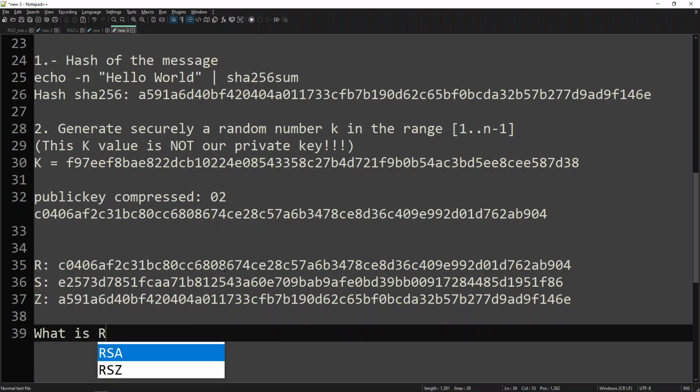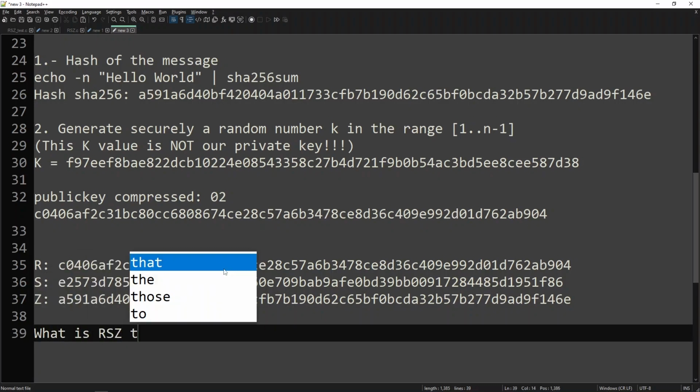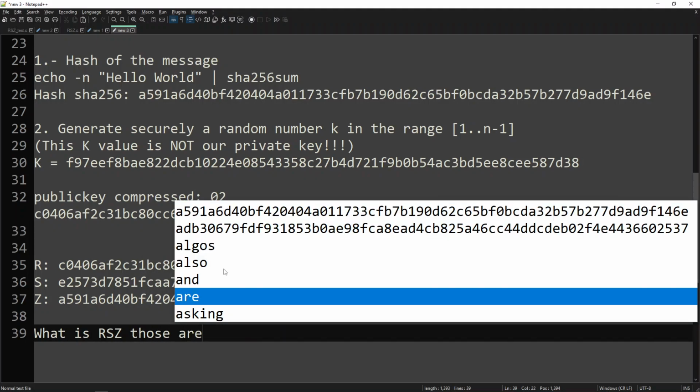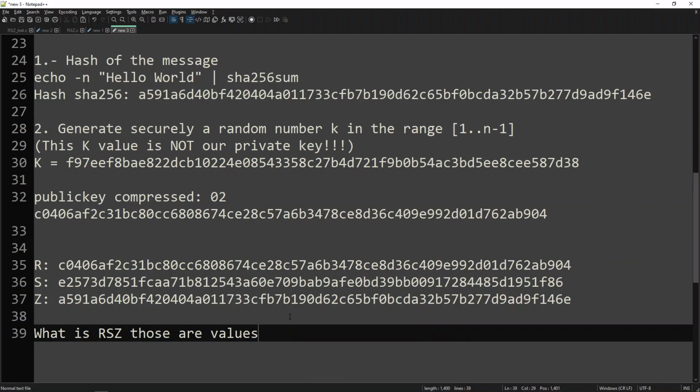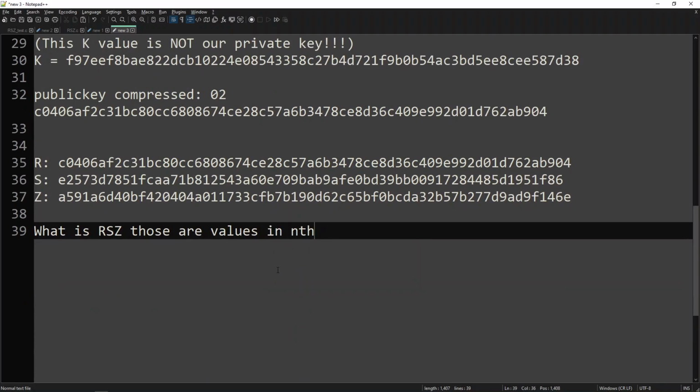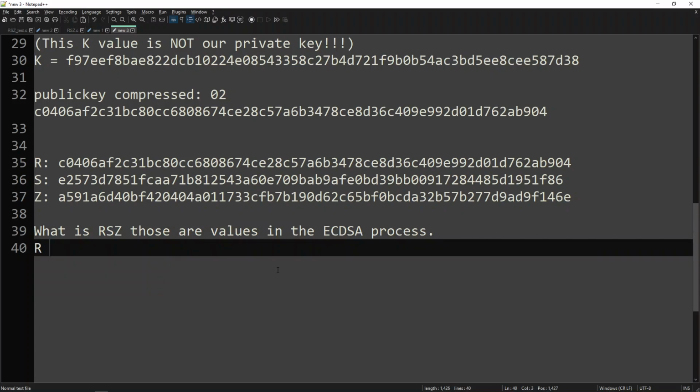What is RSZ? Those again are values in the ECDSA process, right? So R is the value of K multiplied by a generator point.